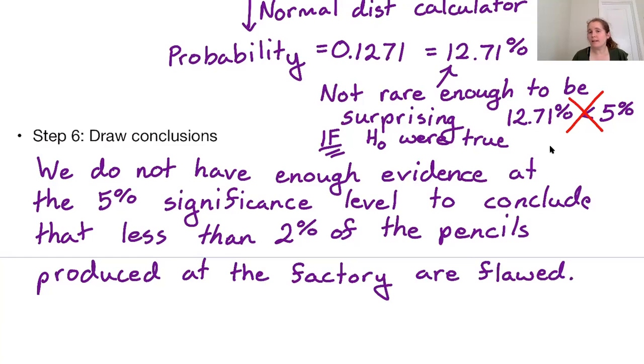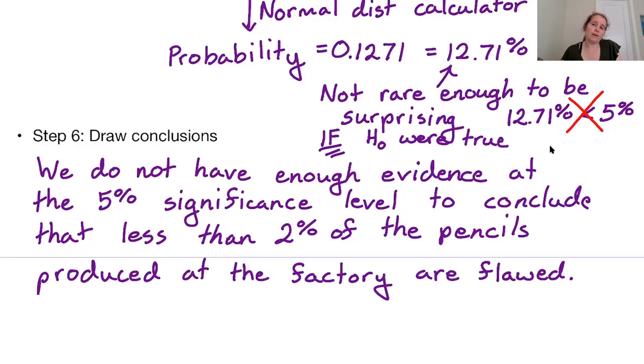So notice that I did not claim that 2% of the pencils are flawed. I just said that we don't have enough evidence to strongly state that it is less than 2%. So hypothesis test conclusions are kind of like the supposed conclusions in the courtroom. In our courtrooms, we're supposed to be innocent until proven guilty. So in this case, we are forced to just assume the null hypothesis or let it stand.